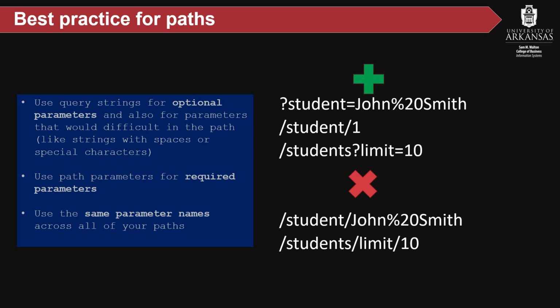We want to make sure that we're using the same name for the path with the parameter. And notice that in the third example, limit is an optional parameter. So we specified it as a query parameter because it's optional. That would not be a good use in the lower example where we put students / limit 10.